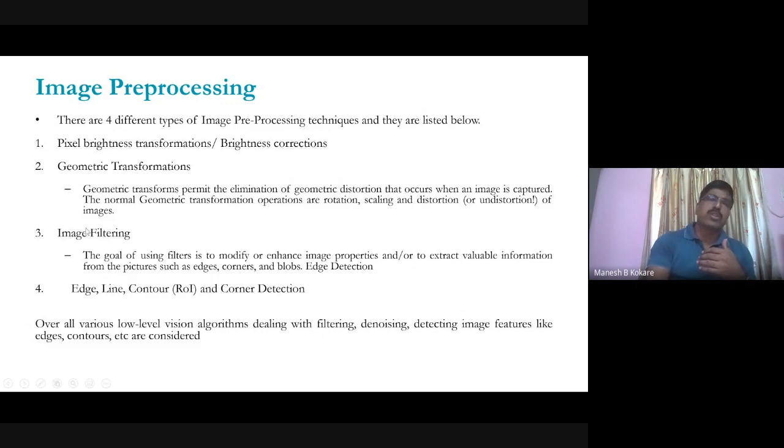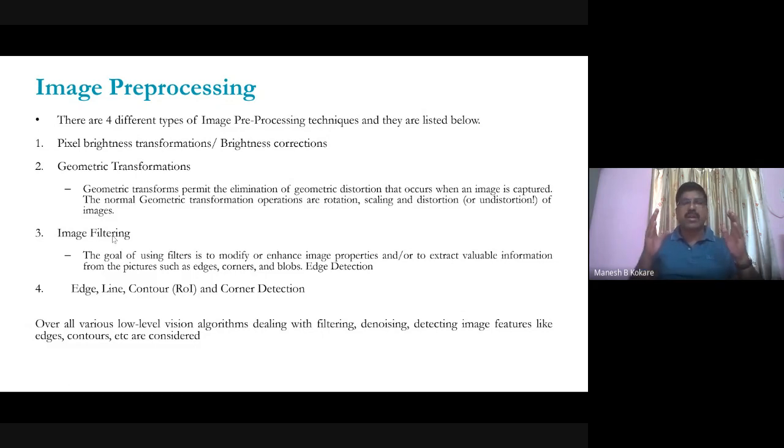The third and most important part of low-level computer vision is image filtering. We'll see what a filter is, why it is used, what kinds of filters there are, and how they work. The goal of filtering is to modify or enhance image properties, or to extract valuable information from the picture, such as edges, corners, and blobs, or to remove noise, and so on.